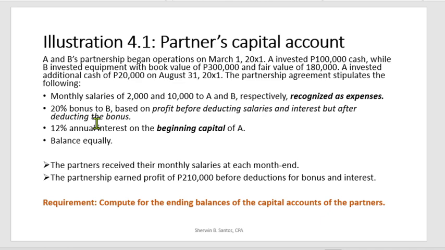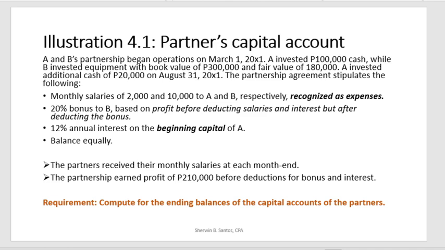Magkano yun? 2,000 times 10 is 20,000. 10,000 times 10 is 100,000. So, 100,000 plus 20,000. So, ang total salaries ay 120,000.